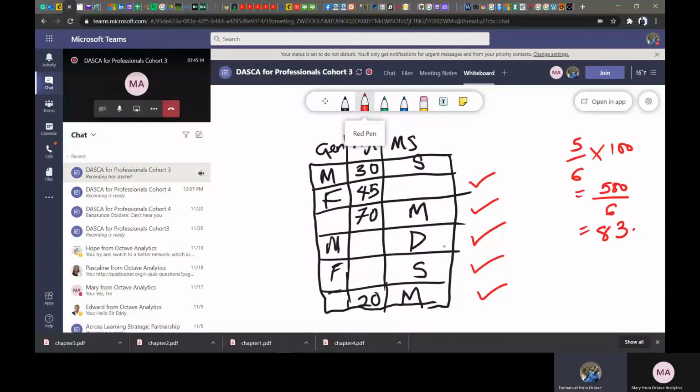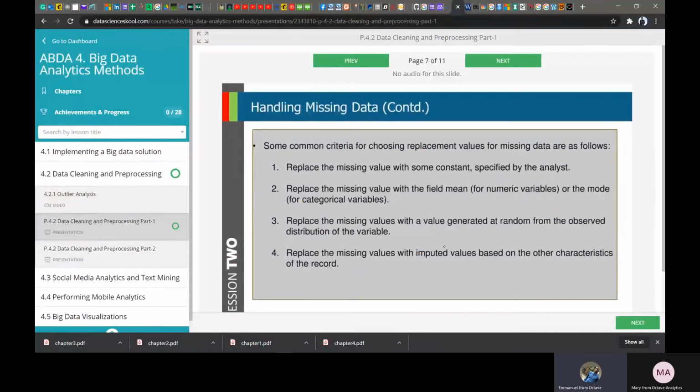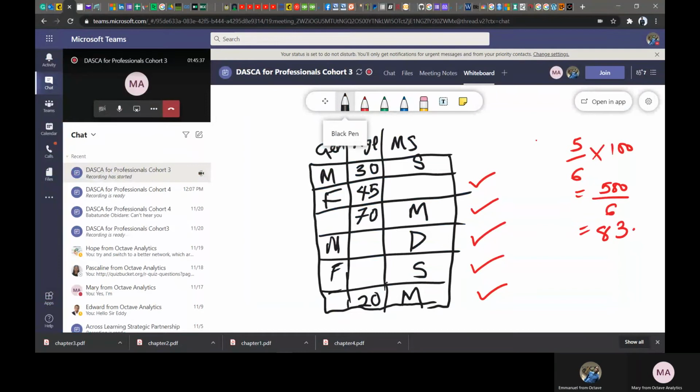So in this table, coming back to the fourth step here: replace the missing value with imputed values based on the other characteristics of the record. So this is an intuition.